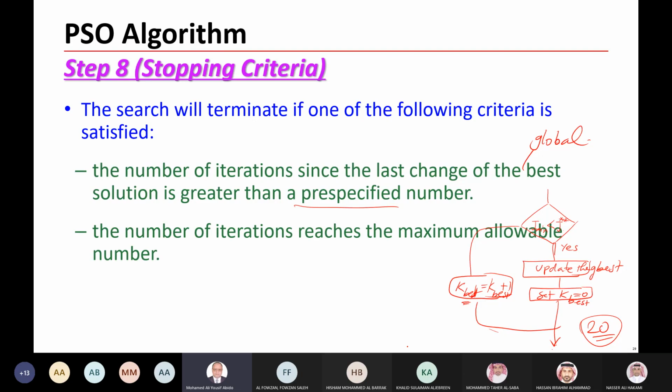At each iteration, a local exploration where global exploration is embedded. So it is hybrid. It is not sequential, and they are not separate. They are hybrid together.